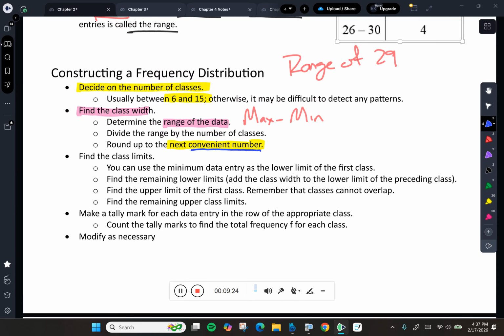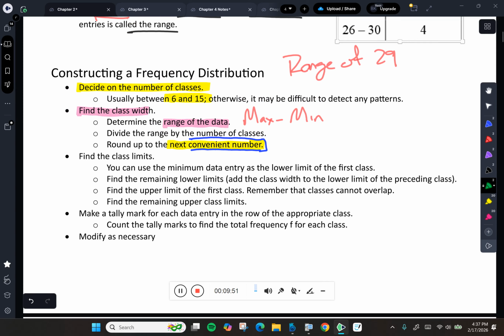Let's say that my data was prices of new cars measured in thousands, so like 28,000, 38,000, 45,000, numbers like that. Well, then a convenient number might be to round that class width to the thousands, because it wouldn't make sense to have a class width rounded to the penny when all the data is in thousands of dollars. So when we're talking about convenient number, it's what your data looks like, and then round appropriately.